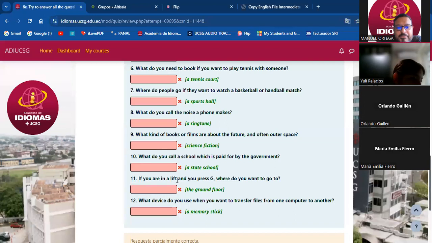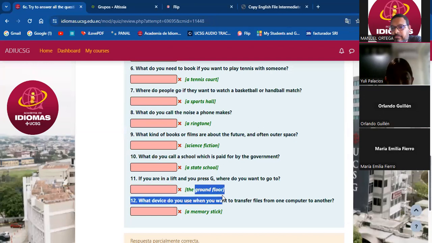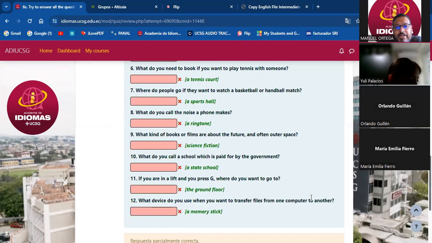If you're in a lift and you press G, where do you want to go? You go to the ground floor. And 12, what device do you use when you want to transfer files from one computer to another? The memory stick, the flash memory, the USB memory. That is what they refer to, memory stick.